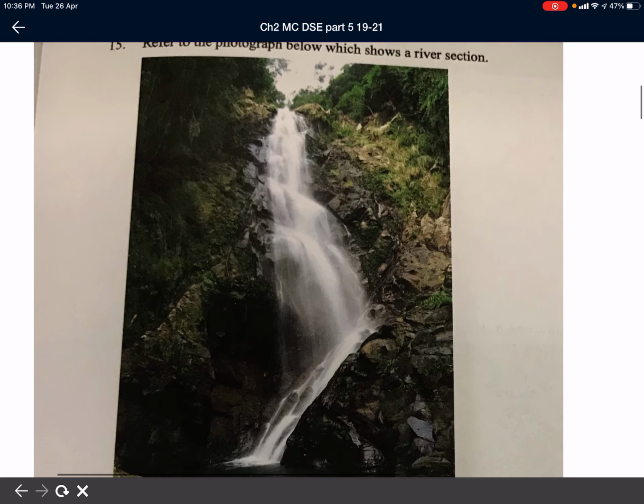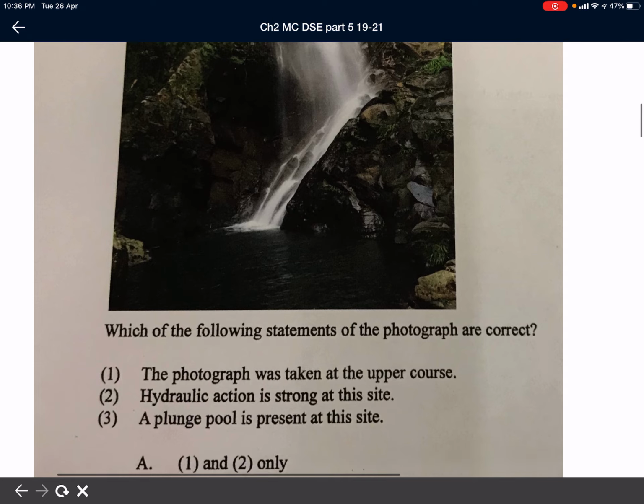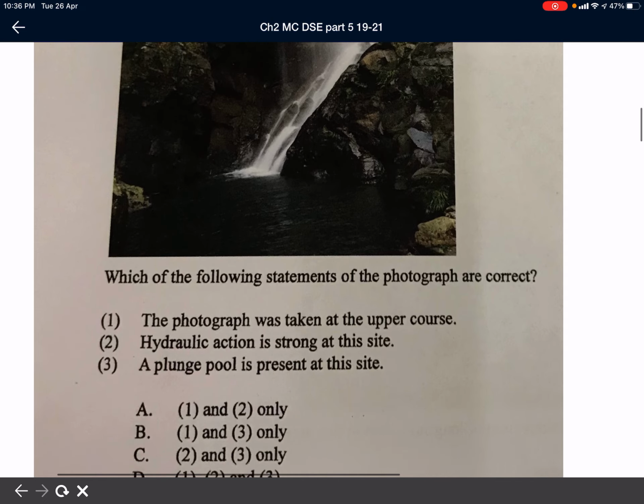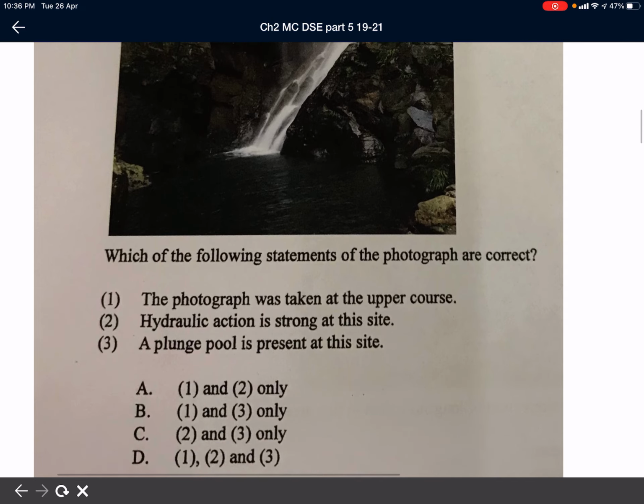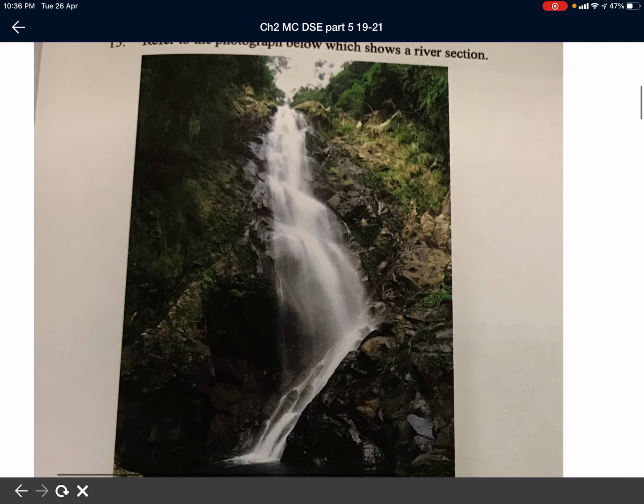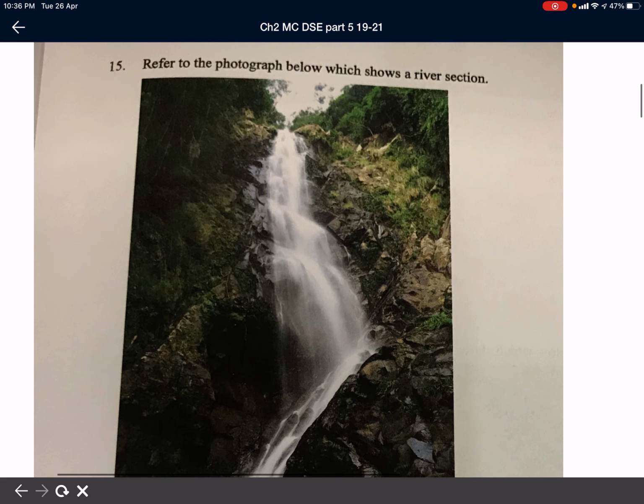Number 15, you can see a waterfall, and number 1 definitely should be in the upper course. If you don't know it's the upper course, please don't go to the DSE, okay, thank you. Number 2 is also correct because of hydraulic action, which is about the action of the water. In Cantonese, 水柱巨炮嗰啲咧就係水力作用啦.